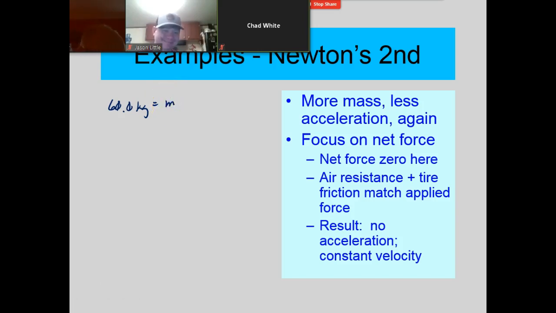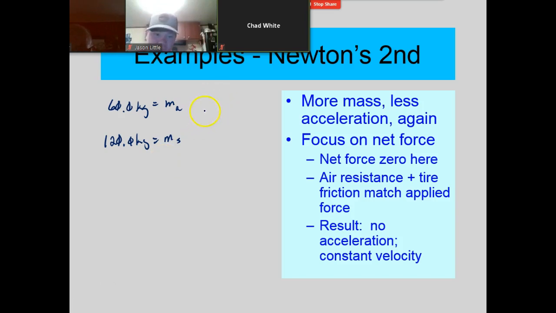The astronaut is freely floating in space and pushes on a freely floating spacecraft. This is the mass of the astronaut, and the 120.0-kilogram spacecraft is the mass of the spacecraft.